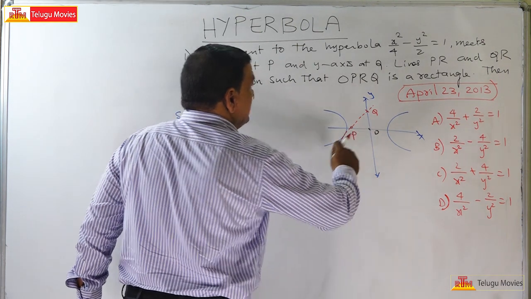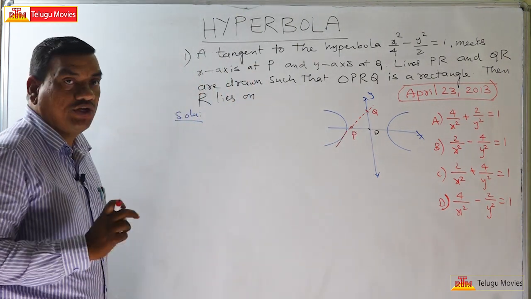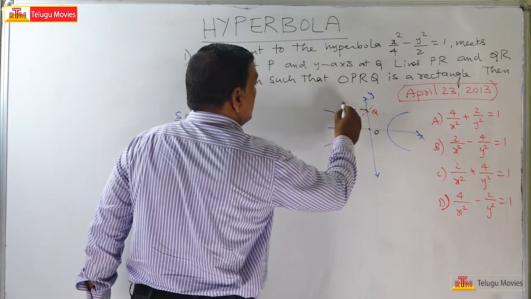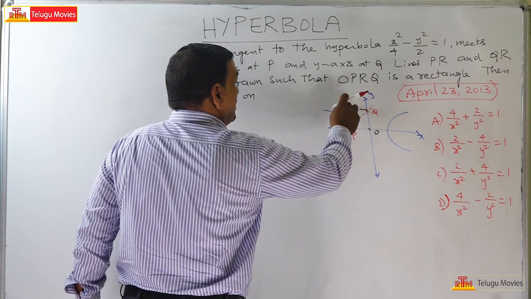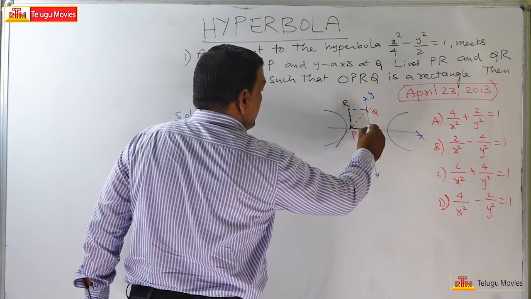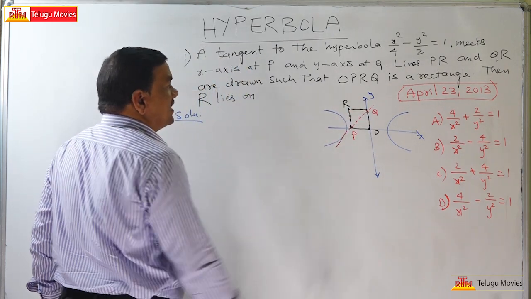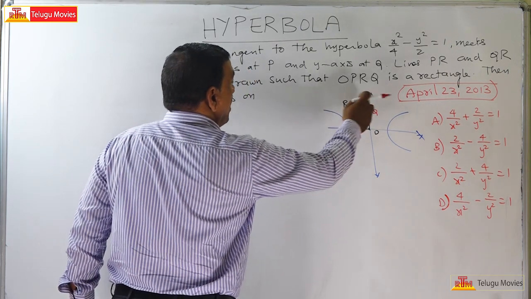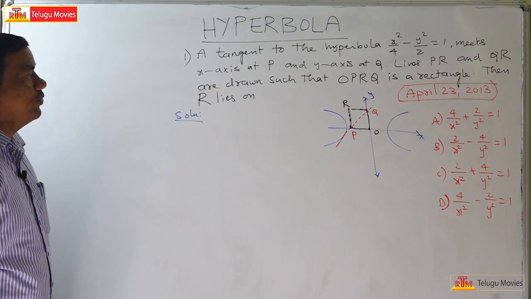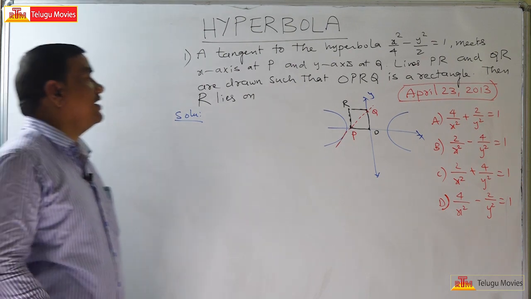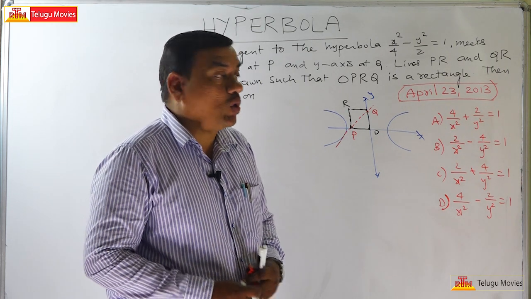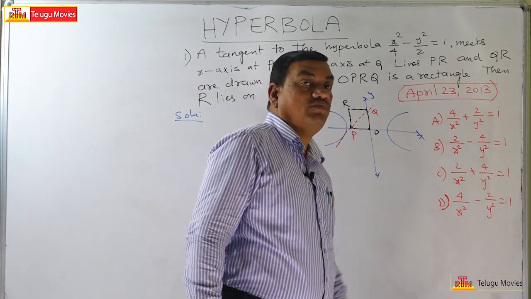This is R, and PR and QR are drawn such that OPRQ is a rectangle. Then R lies on, which means we have to find the equation of the locus of R.